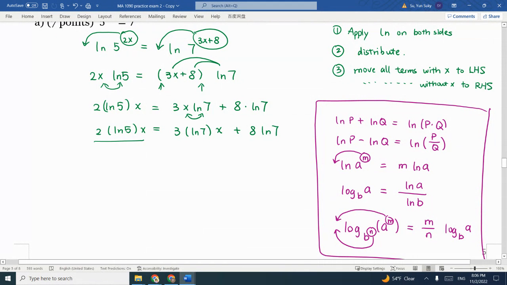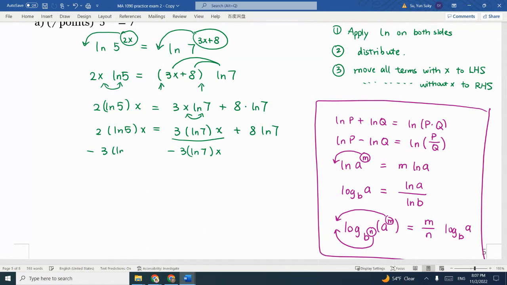And on the right hand side, this term has x, so we want to move it to the left. By moving, we mean we subtract 3 ln of 7 times x on both sides. Now the left hand side we have 2 ln of 5 times x minus 3 ln of 7 times x, equals the right hand side, 8 ln of 7.